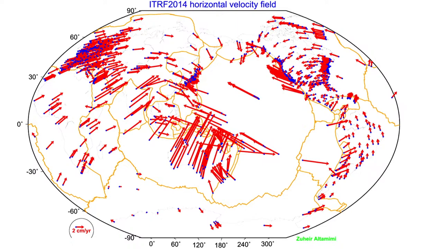In space-based observation, we can use IRNSS, means GNSS. In GNSS there are so many navigation constellations: GPS, GLONASS, Galileo, Beidou, then QZSS, and IRNSS. IRNSS and QZSS are regional, and the rest, GPS, GLONASS, Galileo, Beidou, are global.